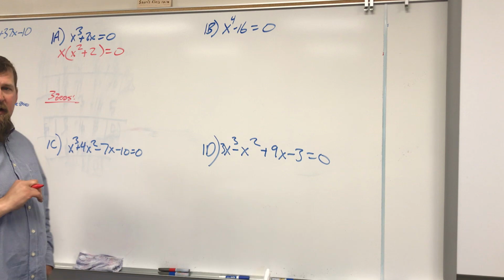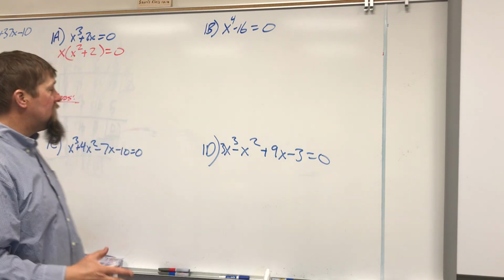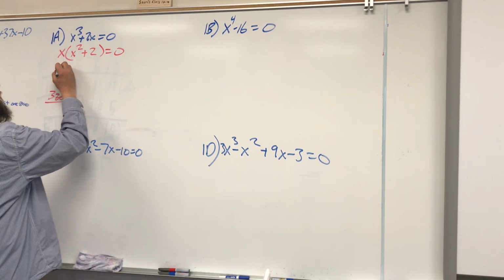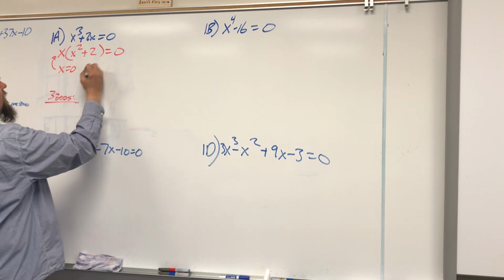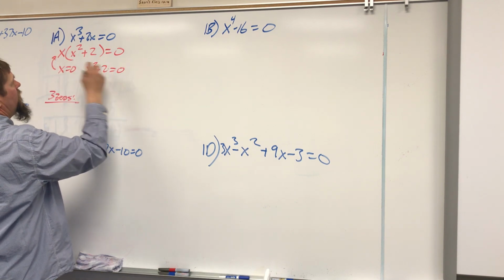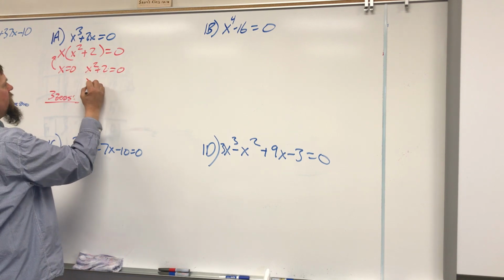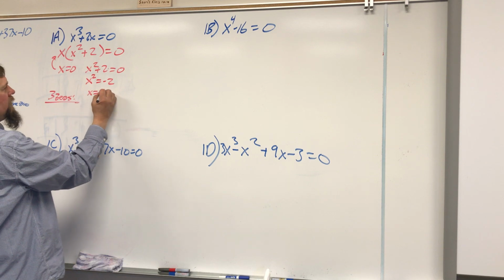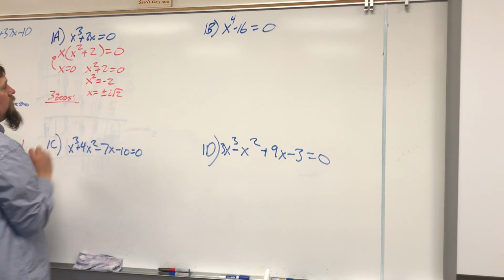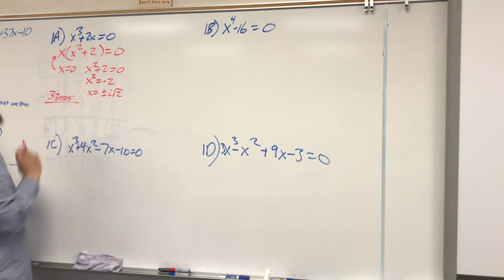As long as I've got a quadratic factor, I can solve. So I know that x equals 0 for this one, and x squared plus 2 equals 0 for this one, which of course means x squared equals negative 2, so x is equal to plus or minus i square root of 2 when I take the square root of both sides.